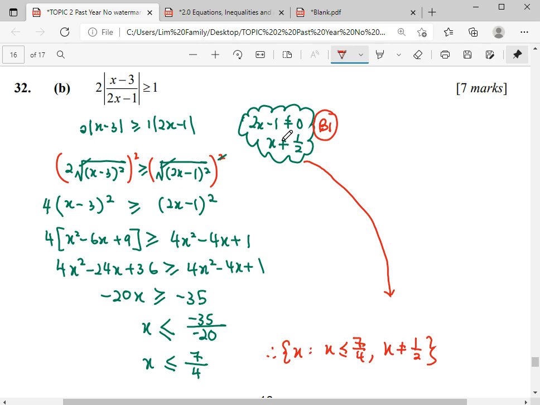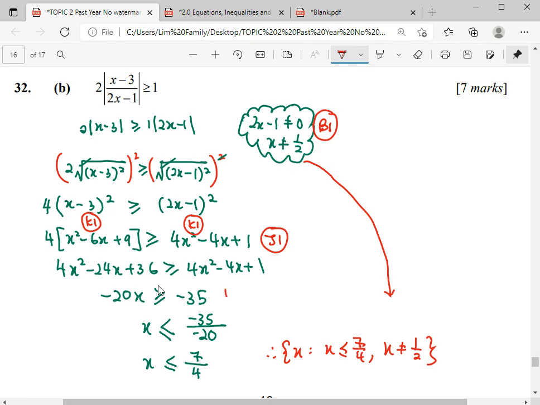When you want to solve this with modulus on both sides, we square both sides, so be careful to expand correctly. Then after we simplify the question, we go back to linear.